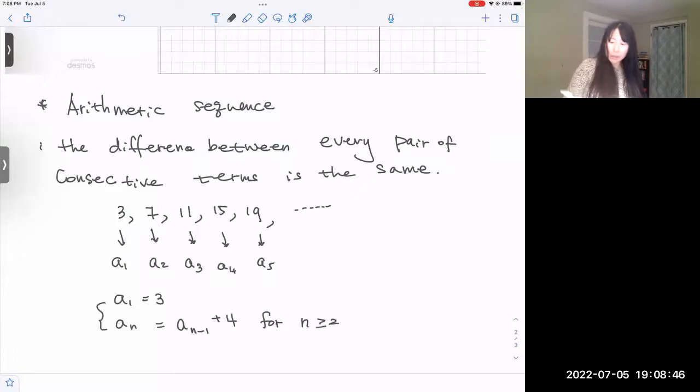So we call this the terminology, which is recurrence relation. Let me write down. So recurrence relation, let me write down one term or more.